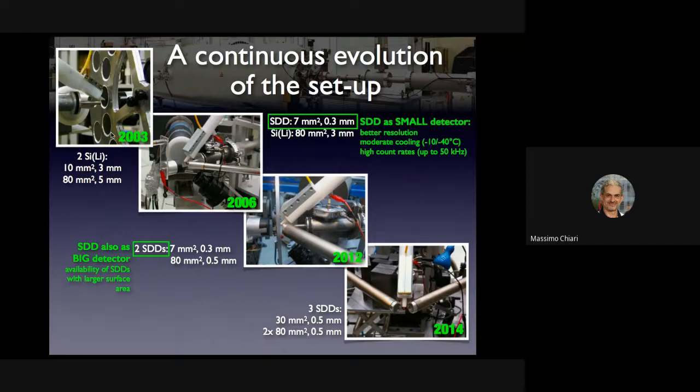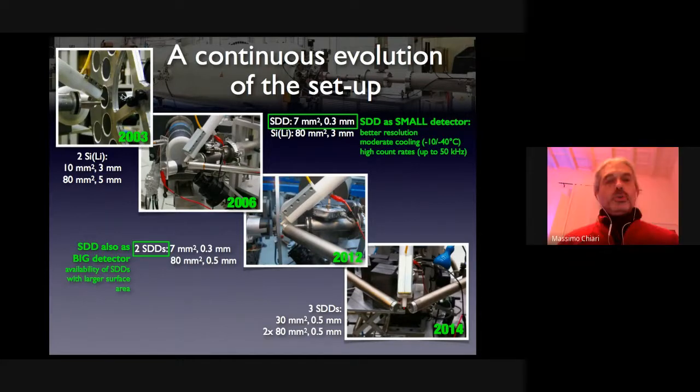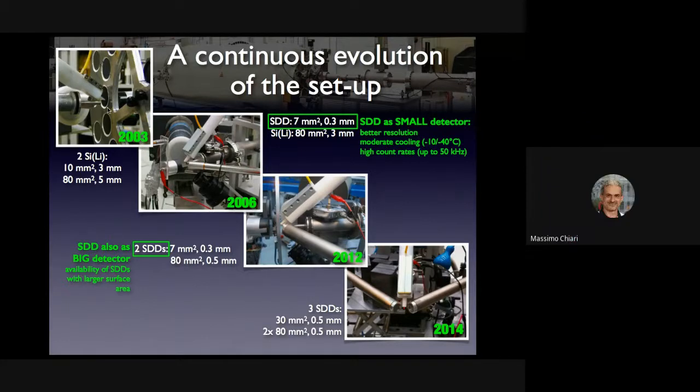Our setup has undergone a continuous evolution. You start here from a picture from 2003, where we first moved to the new accelerator site, up to the last update, which was several years ago. And the update was actually driven by the availability on the market of a new kind of X-ray detector for X-ray spectrometry, the silicon drift detectors, initially intended as position-sensitive detectors for high-energy physics.